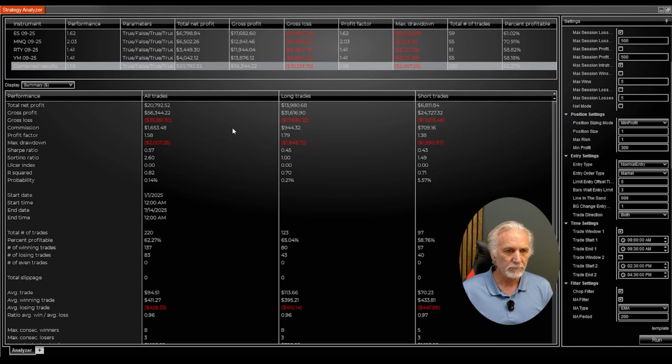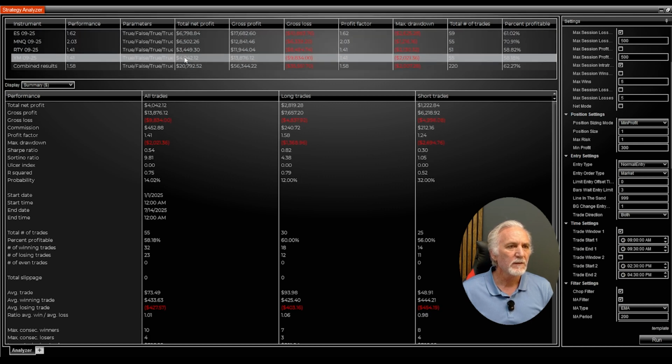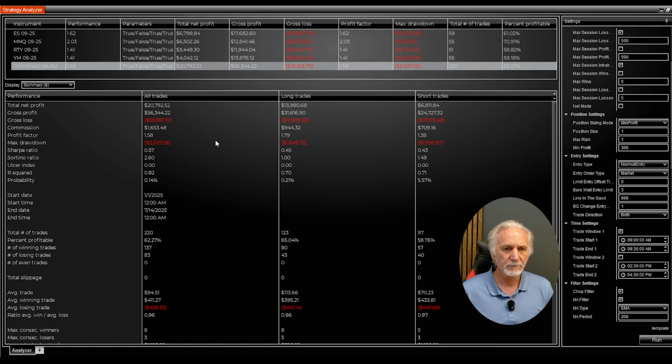And then you can see each individual instrument here, the ES, all green. Max drawdown 2,000, which is not horrible. If you're on a 50K account, you'll be covered. Like I said, this is 6 months' worth.